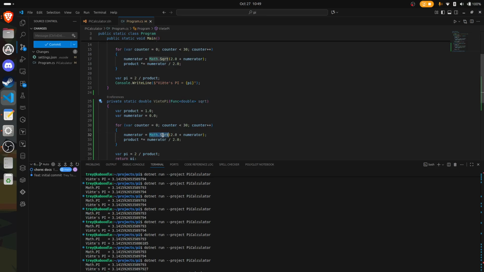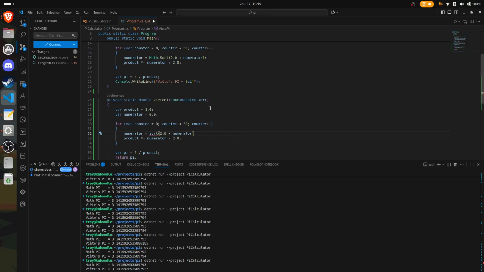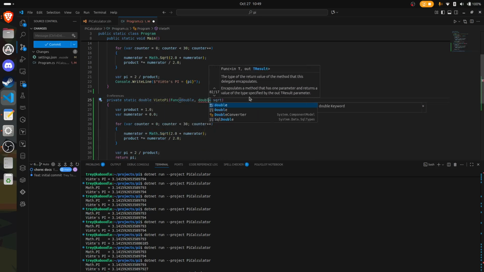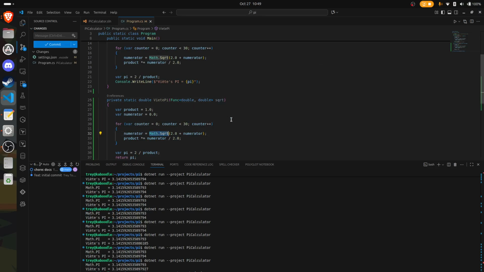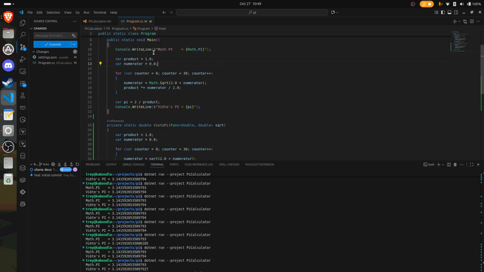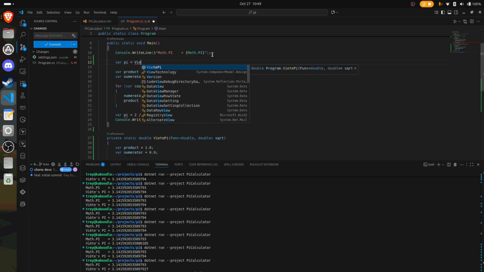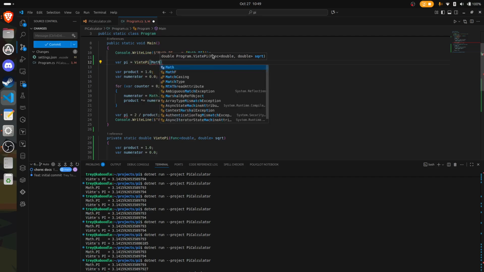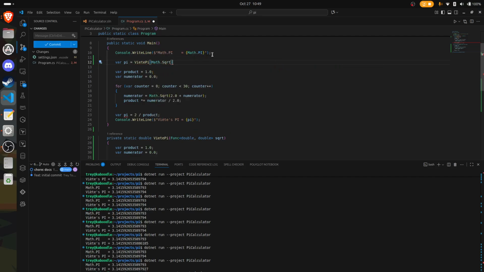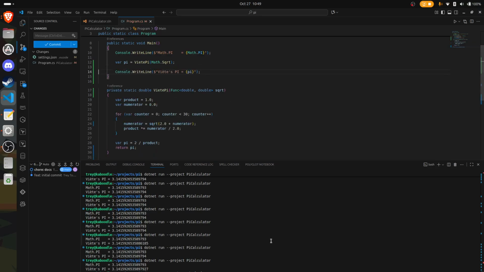Theoretically, we should be able to... the function should take a double and return a double. And then we can use this incoming function in place of that. And then say pi equals Viète pi. Throw in the square root function as a dependency, and then theoretically that should give us the exact same result that we were getting before.